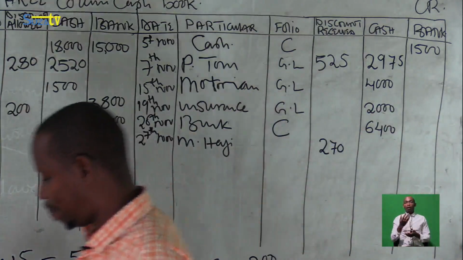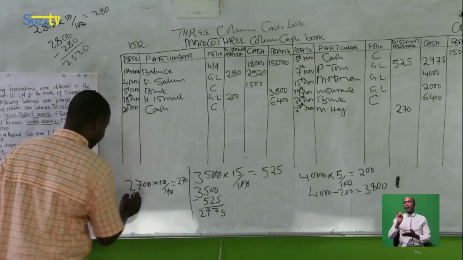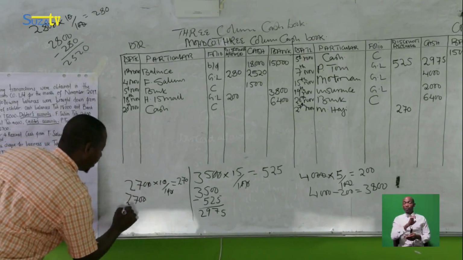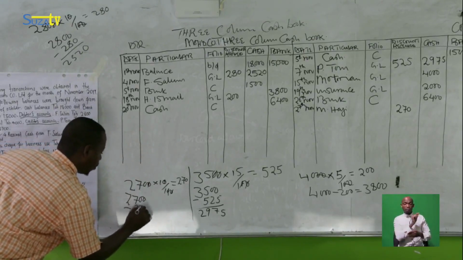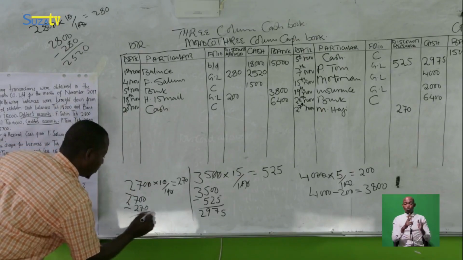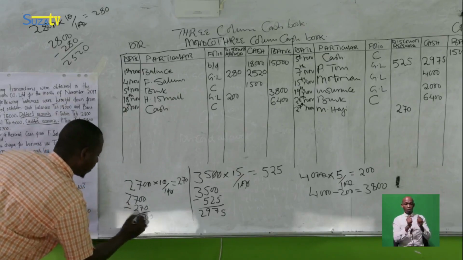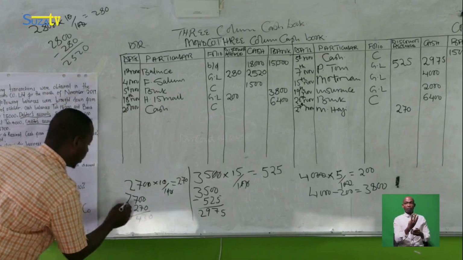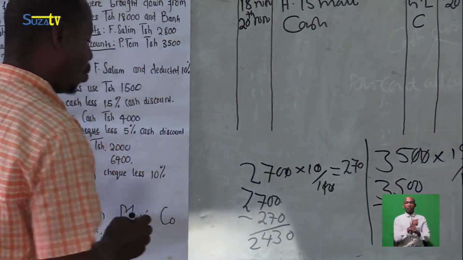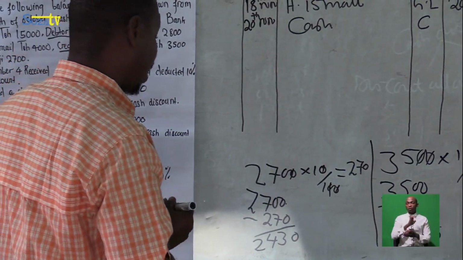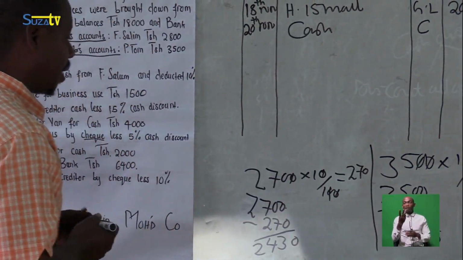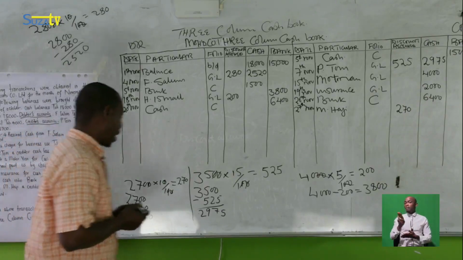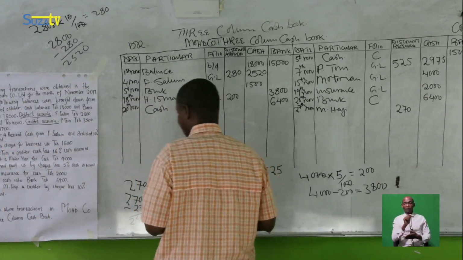How much will we pay M. Haji? Take 2,700, deduct 270, and you get 2,430. The business should pay M. Haji after deducting the discount.